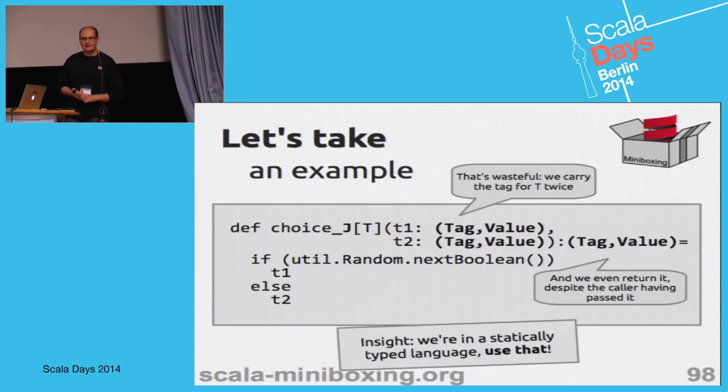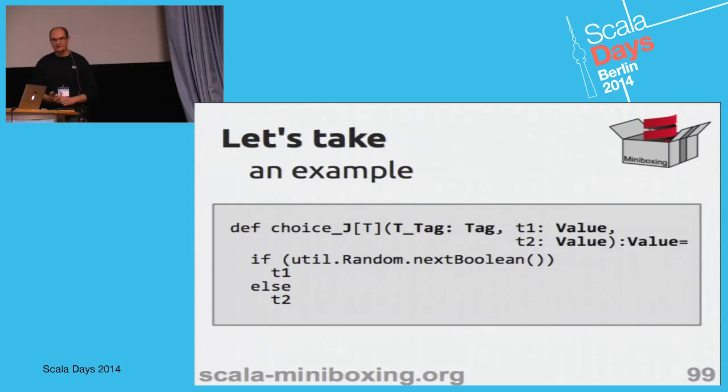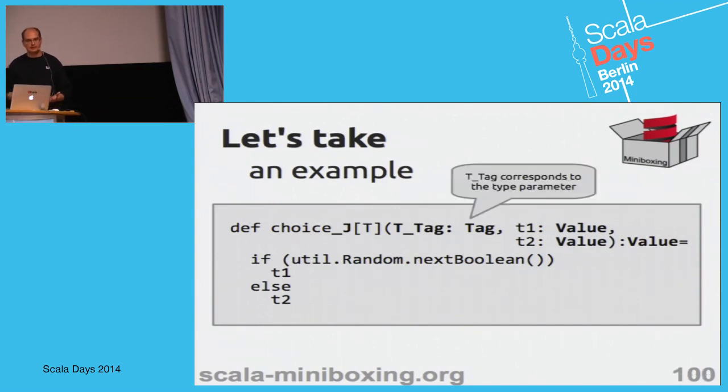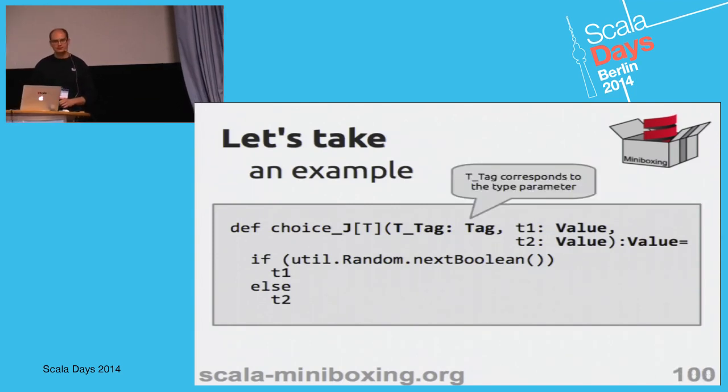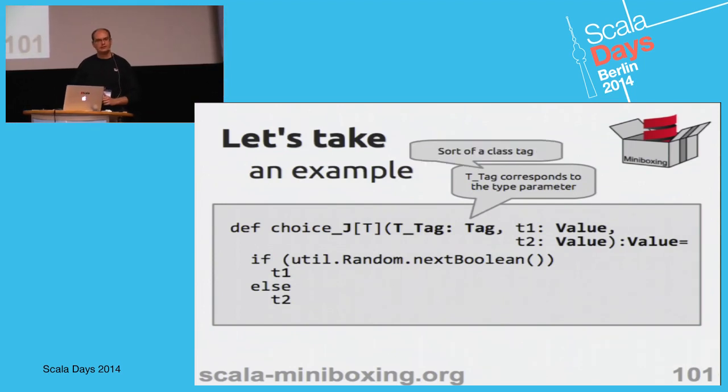So we're in a statically typed language, right, in Scala. Why not use that? We can basically open the tagged union, split apart the tag, split apart the value, and have the tag go up, basically corresponding to the type parameter. This is somewhat similar to a reified type, like if you have a class tag, for example.